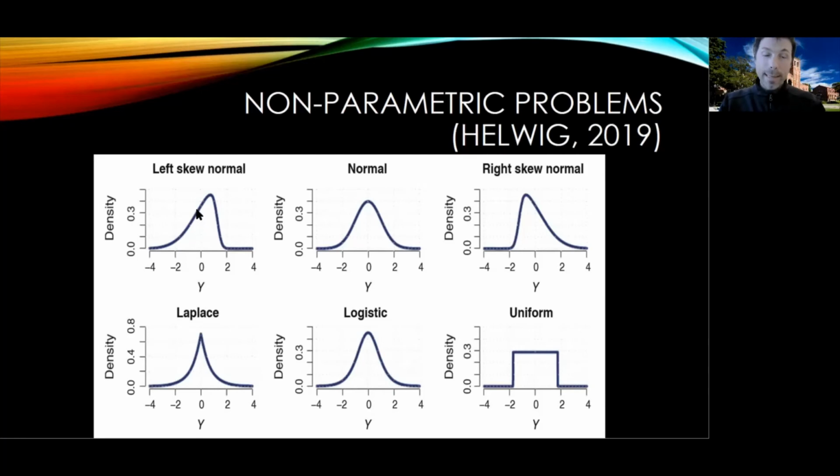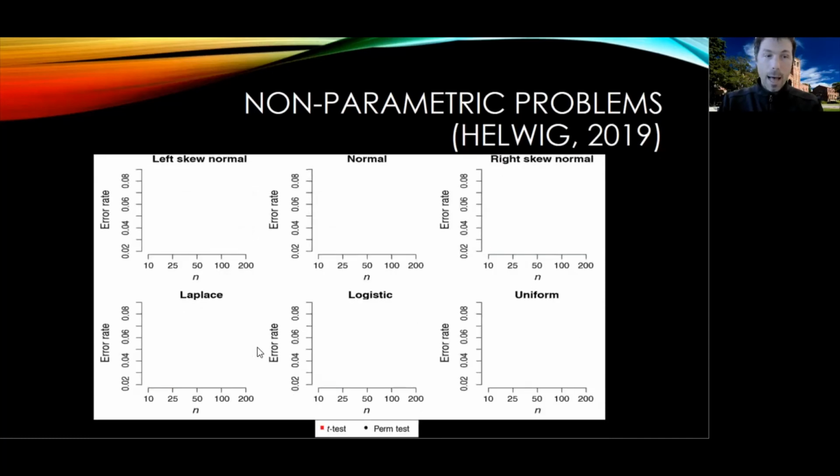In fact, what Helwig did was use a number of different distributions. It's a wonderful paper that did a lot of different things. I just want to give the main message of it. He took a statistic from all of these possible distributions, and then reported for different samples the error rate, for both a t-test and a permutation test.